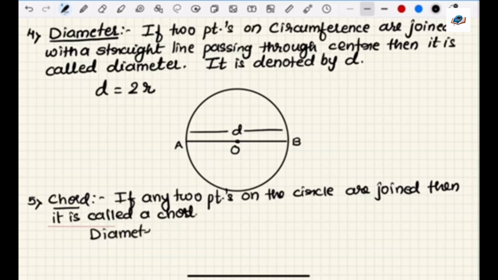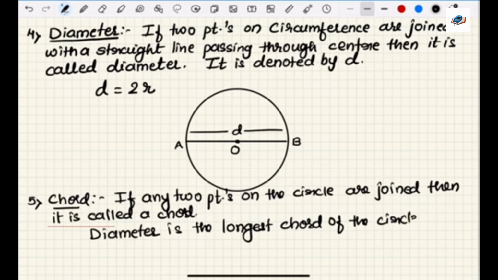Diameter is the longest chord of the circle. Now, here if I want to show the chord, I can say if I join this point and this point, that is C and D, if I join together, so it is chord.